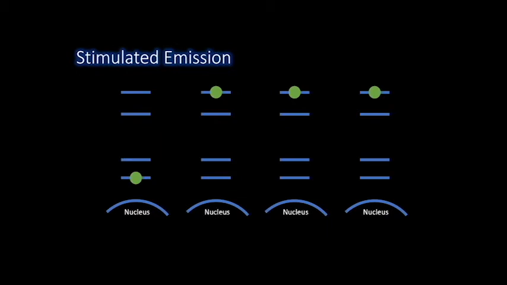This means that one of the excited electrons spontaneously returns to a lower energy state, releasing a photon with a given frequency. That photon then passes another metastable electron, and causes it to release a second photon with an identical frequency and phase as the first. This process continues until there is a whole army of photons, all with the same frequency and phase. Voila, we have our laser.